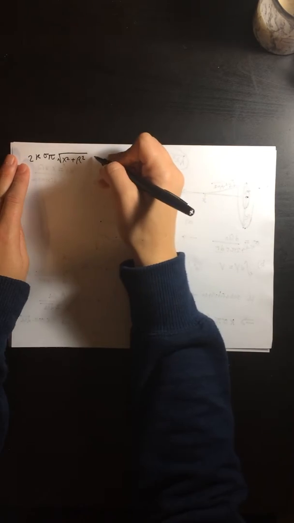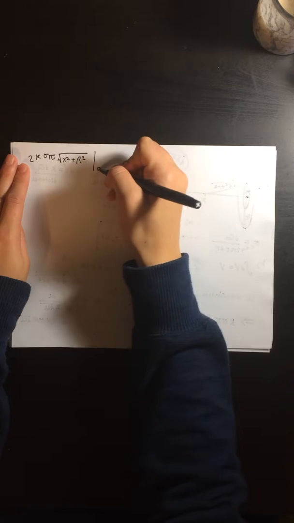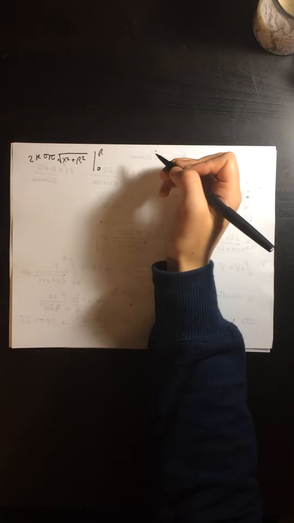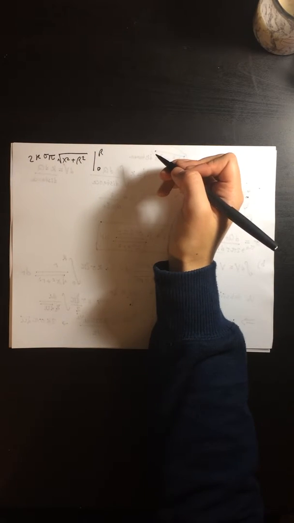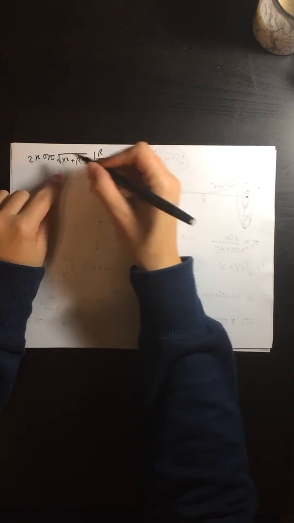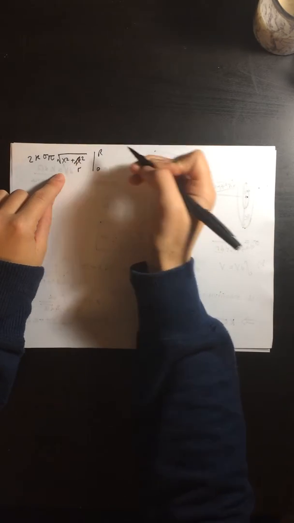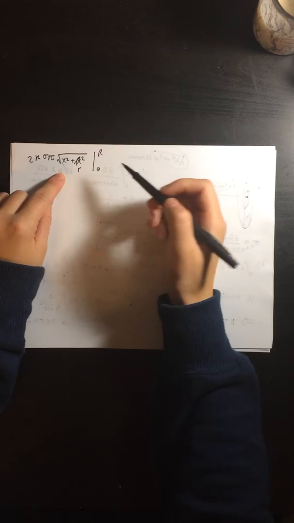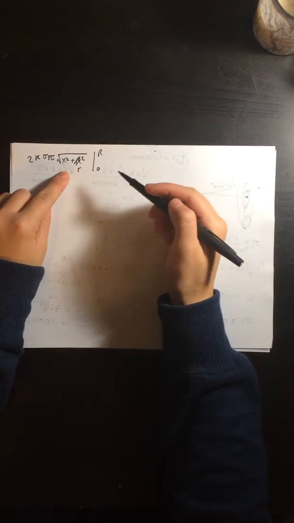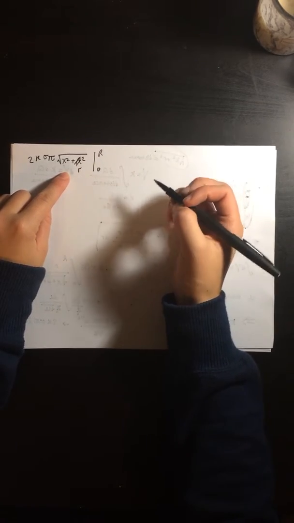And then we still have to evaluate this at our boundary points, which were 0 and r. Oh sorry, I didn't mean to make this a big R, that's still a small r. And we'll have to replace that with a big R when we want to do our boundaries.